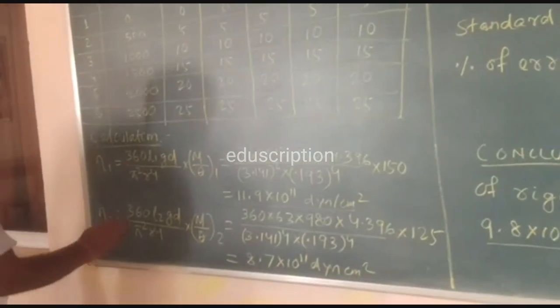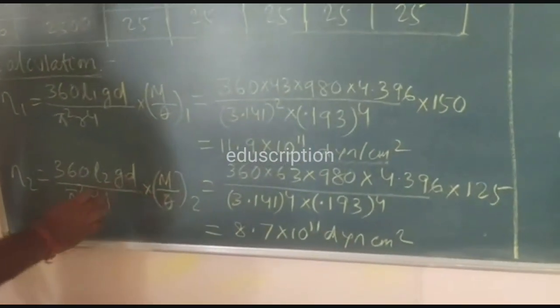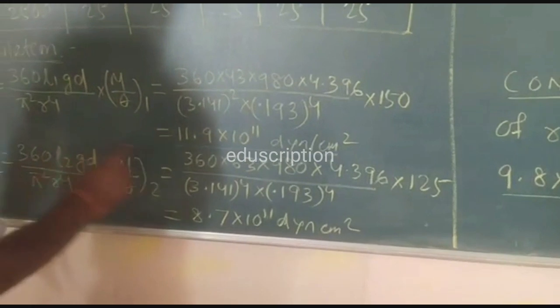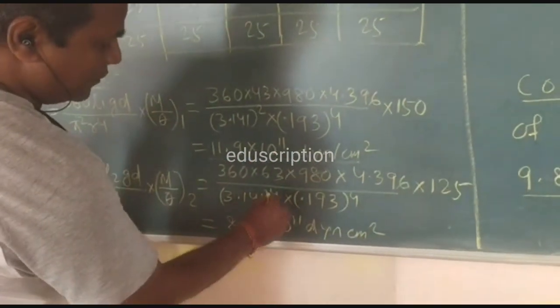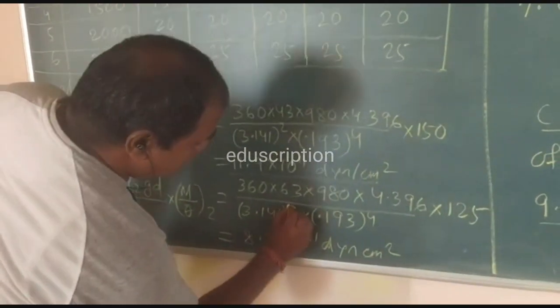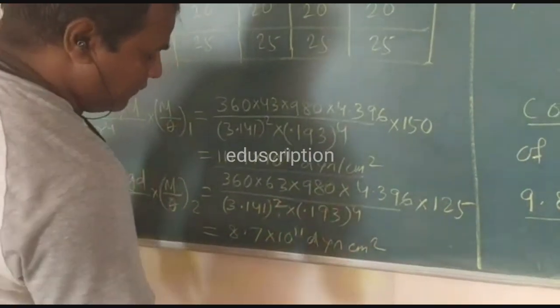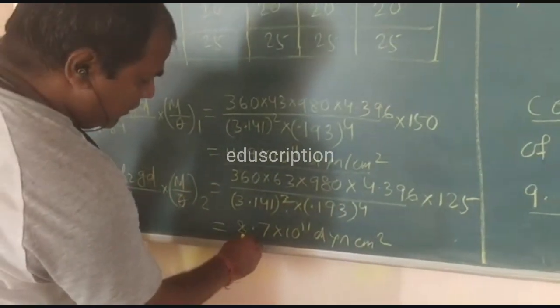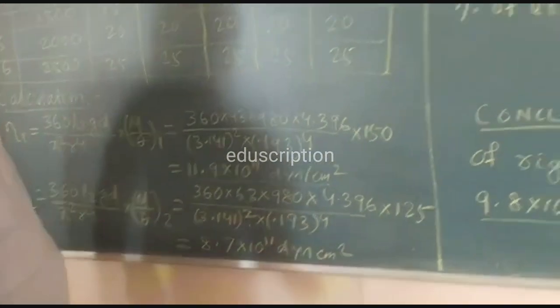Similarly, eta 2 is 360 L2 GD by pi square r to the power 4 into m by theta 2, where L2 is 63, 980 into 4.396 divided by 3.141 to the power 2 into 0.193 to the power 4, that will be your 8.7 into 10 to the power 11 dyne per centimeter square.